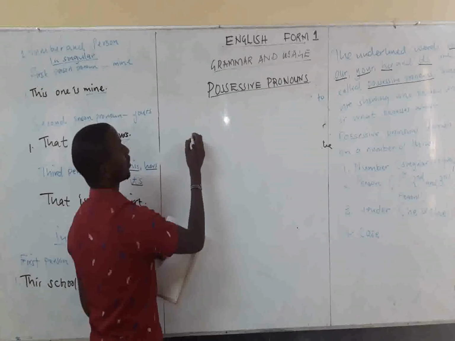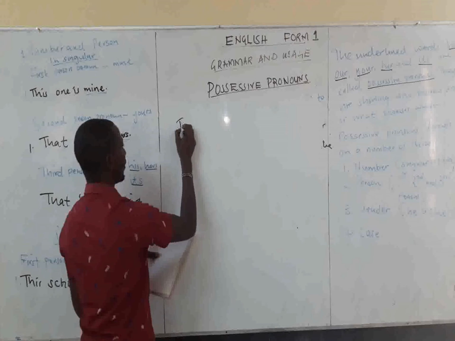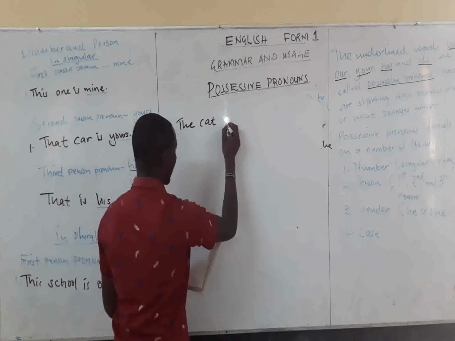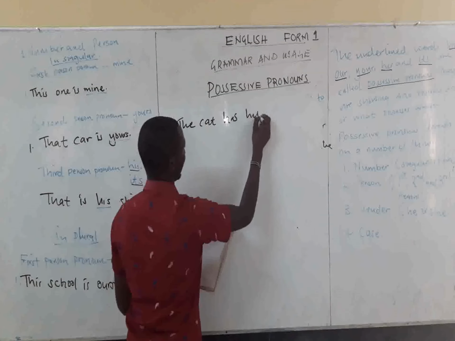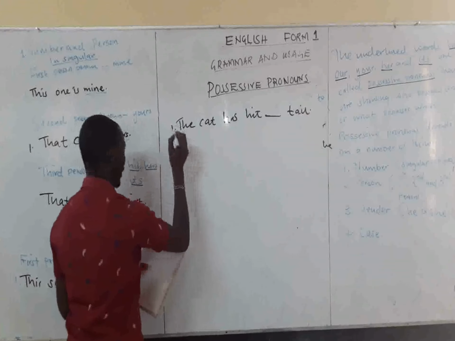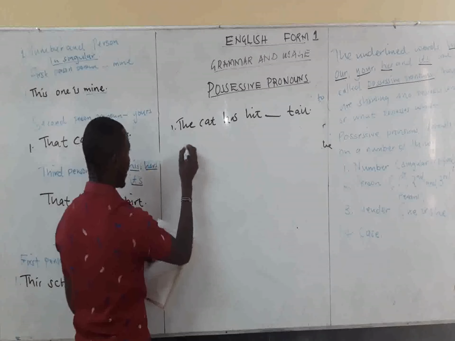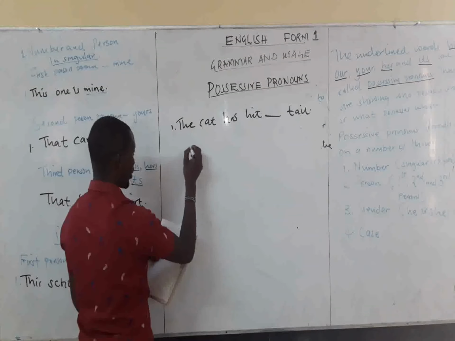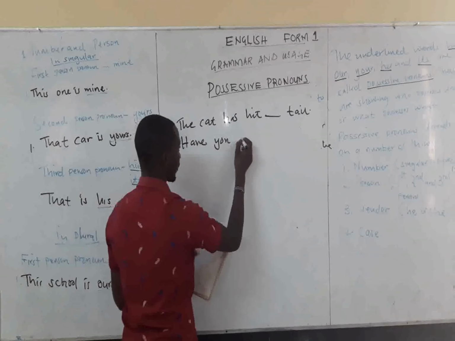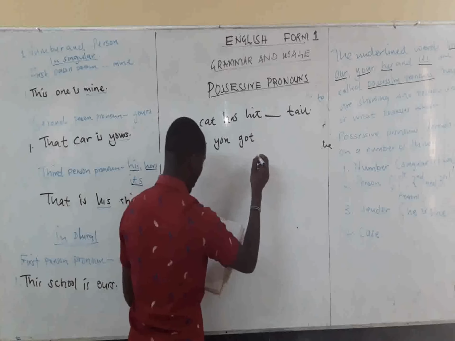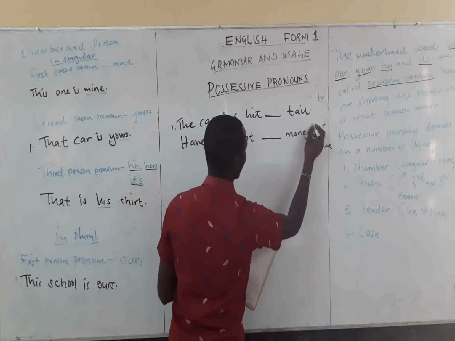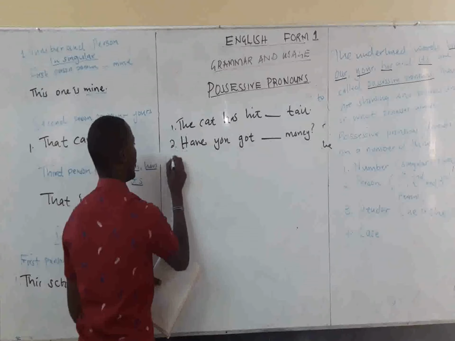Complete this using the most appropriate possessive pronoun. Number one, the cat has hit dash tail. Number two, have you got dash money?